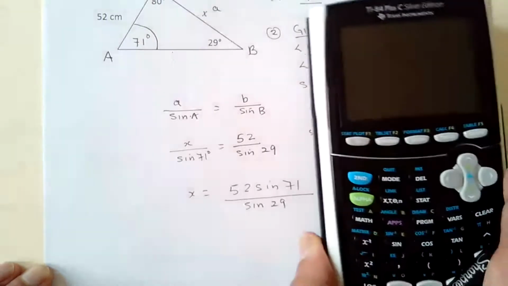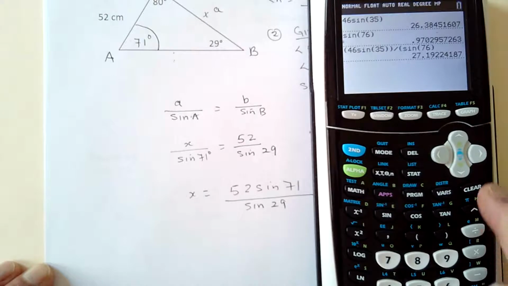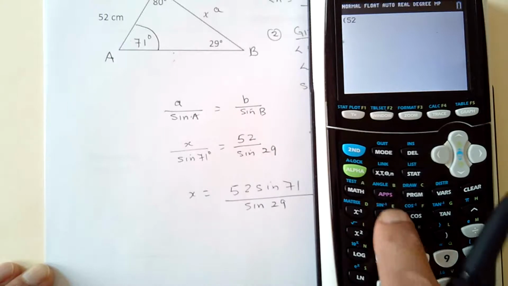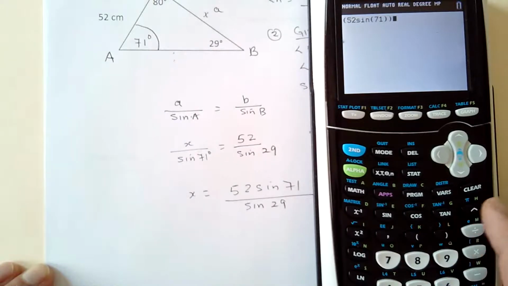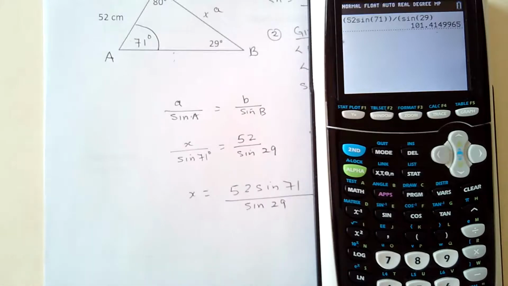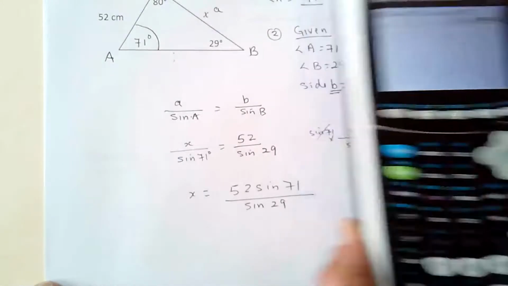So we'll do that right now. So we have open bracket 52 sine 71 close bracket divided by sine 29. That gives me a measurement of 101.42. Well, it's 41.